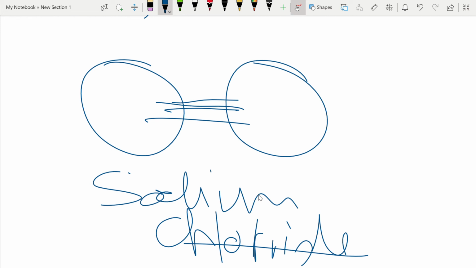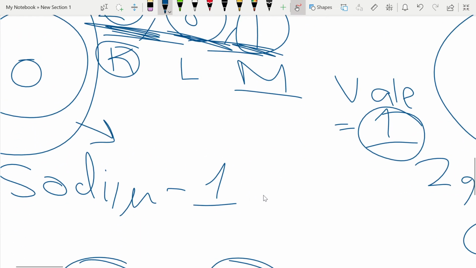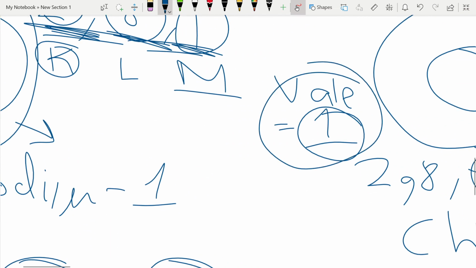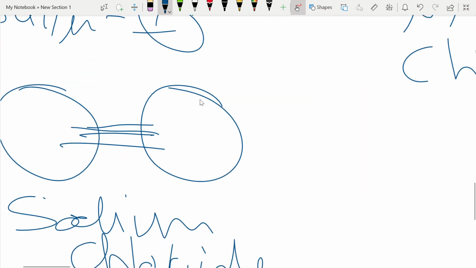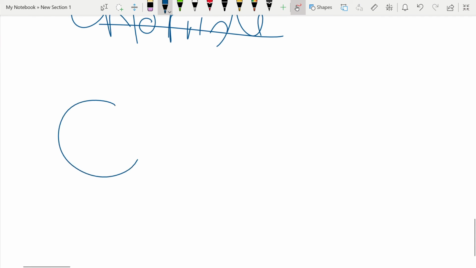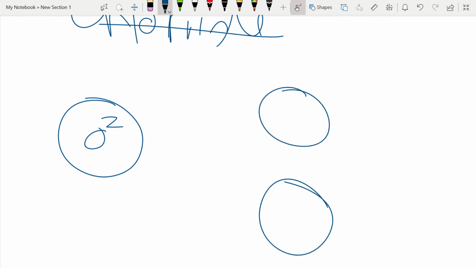Now, one question that might come up is whether only atoms of the same valency give or share or bond to each other. The answer is no. If you take oxygen, O2, and hydrogen has one, this has one.